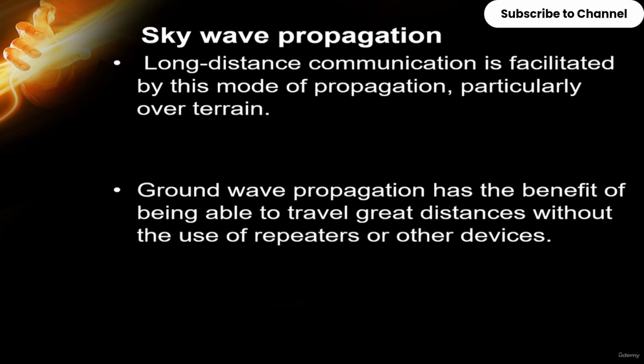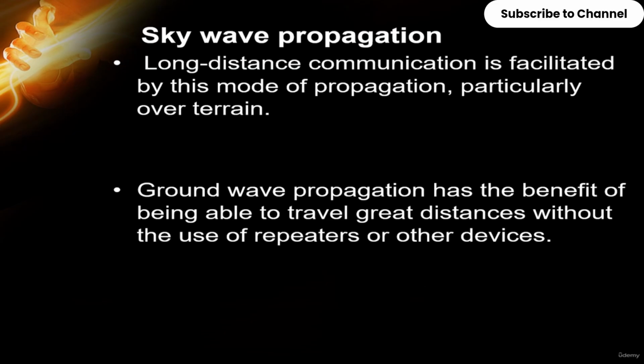Now we will see sky wave transmission. Sky wave transmission is based on long distance communication, which propagates over the terrain. Without structures or obstructions, radio waves can travel significant distances due to the surface curvature.